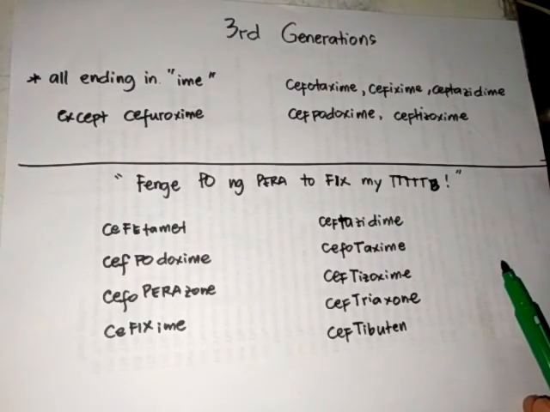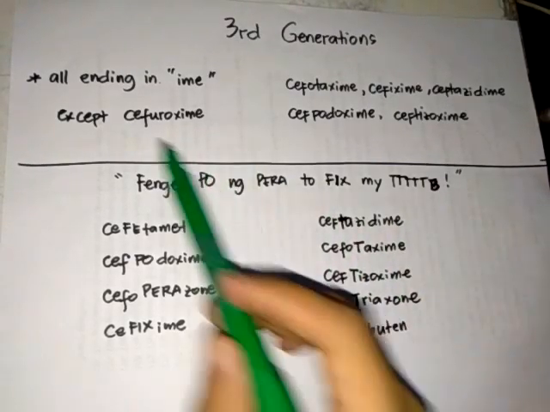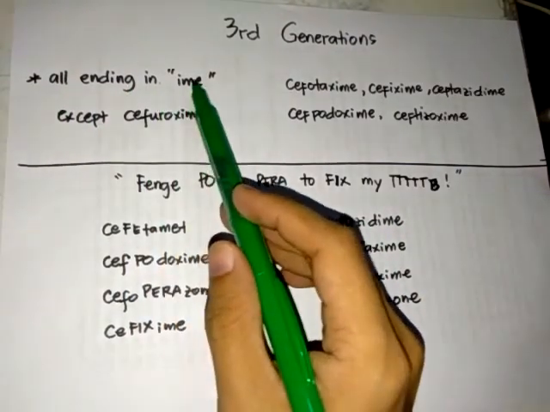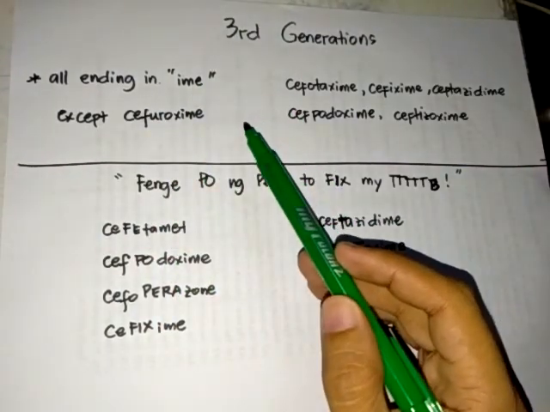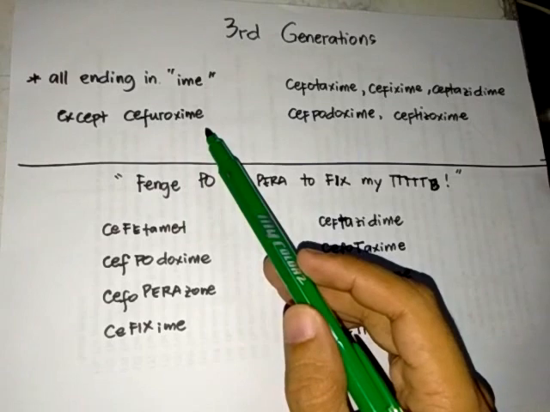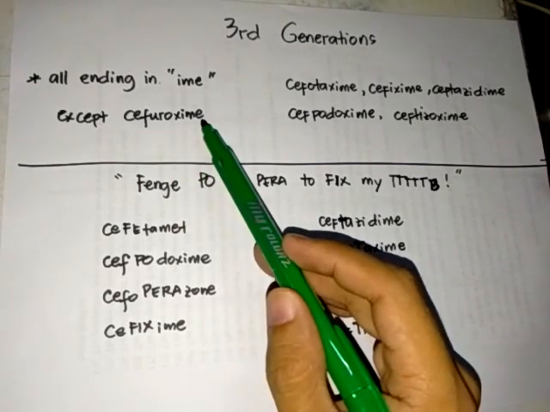Third is the third generation cephalosporin, all ending in IME, except cefuroxime, because cefuroxime is a second generation cephalosporin.